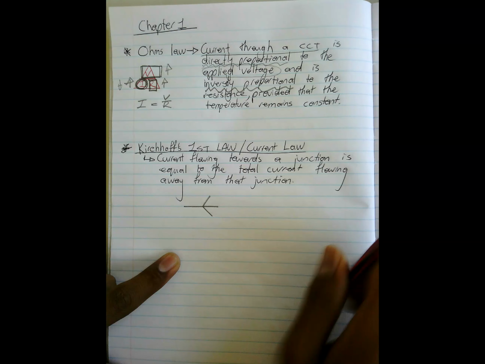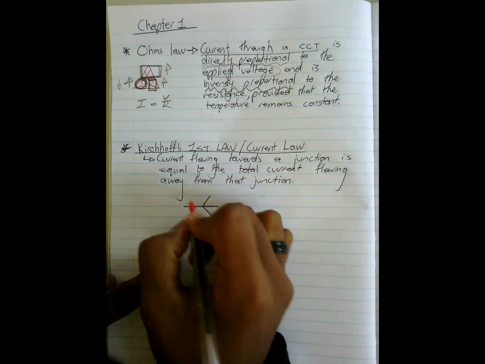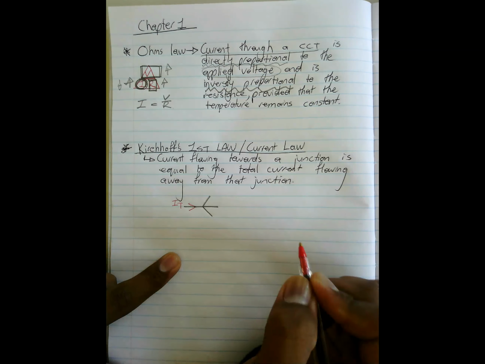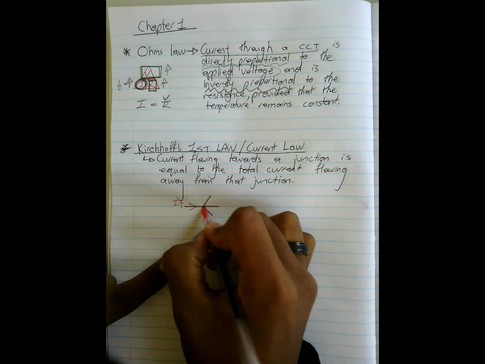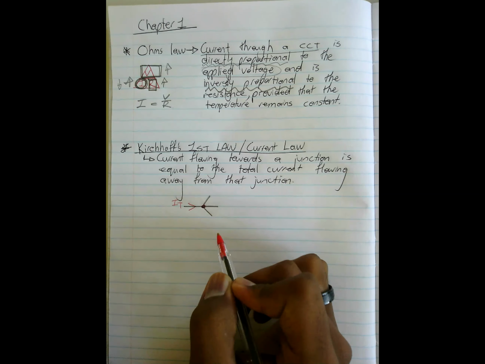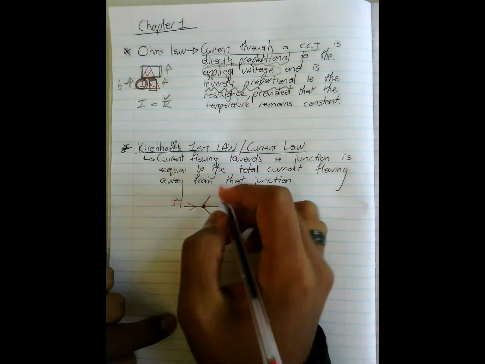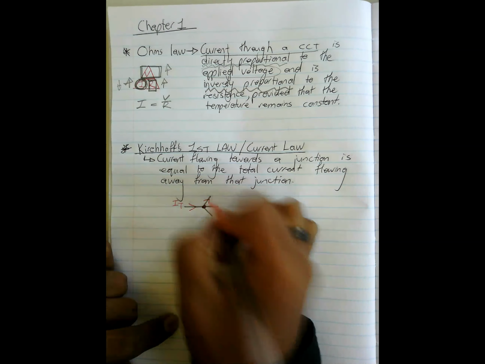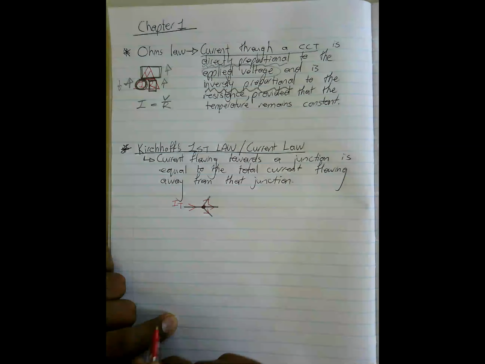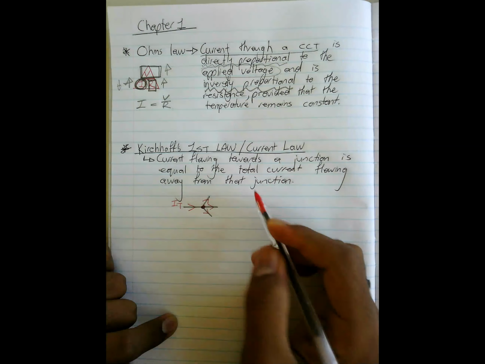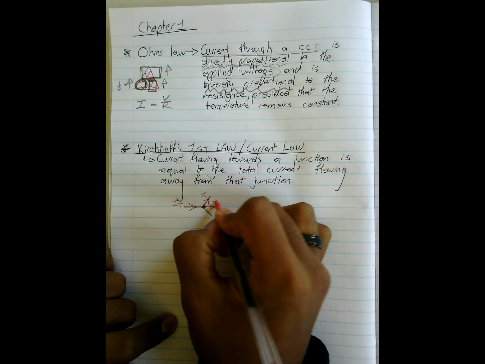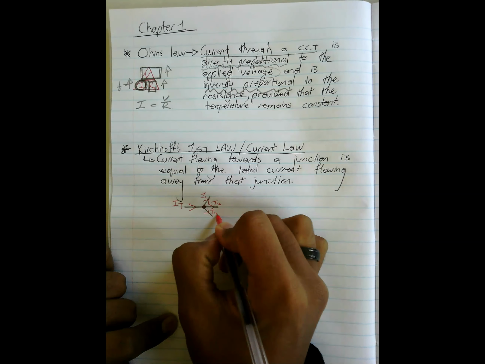So if this is our current, let's say this is I total flowing towards that. When our current hits this junction over here, a junction is a point where your current splits. So a piece of the current will go that way, a piece of the current will go this way, and a piece will go that way. So this is I1 now, this is I2, I3.